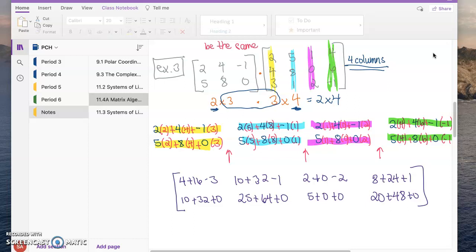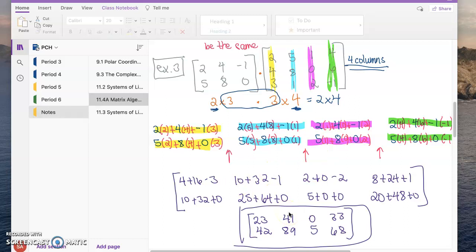So the answer is going to be that. Okay. So the setup is new, and then the rest is just simple arithmetic.